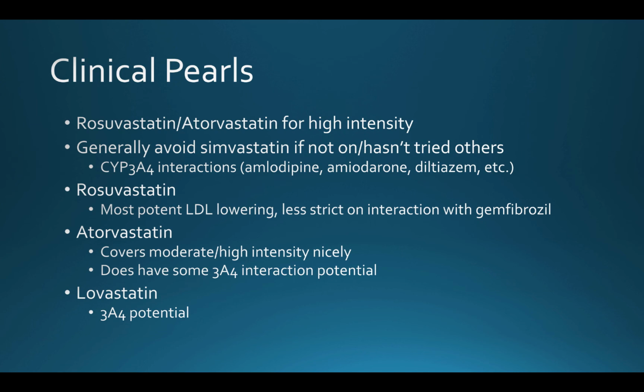Atorvastatin, like I said, you really get good coverage of moderate to high intensity, fairly inexpensive. Again, that 3A4 does have some potential interactions there. It doesn't seem to be quite as bad as simvastatin, but certainly we need to pay attention to it. Lovastatin, that's 3A4. I don't see that one used hardly ever.